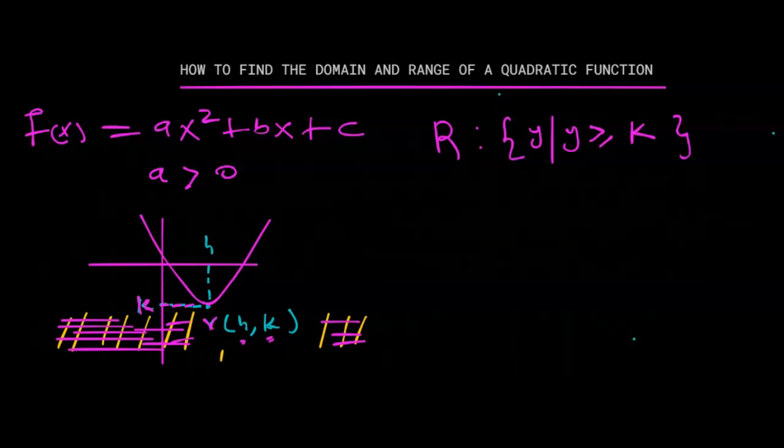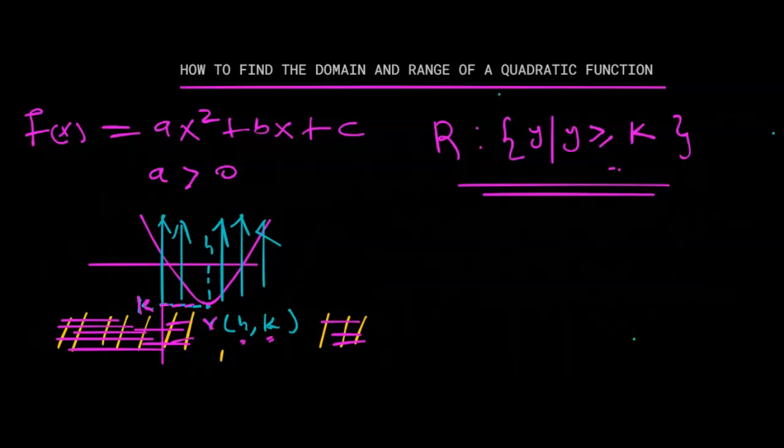And so what we need to do, our duty, is to be able to find this k. Once we get a k, we can get a range. And what this means is that this y is always above the k, from k upwards. From k upwards. Because below k, we don't know where the graph lies.